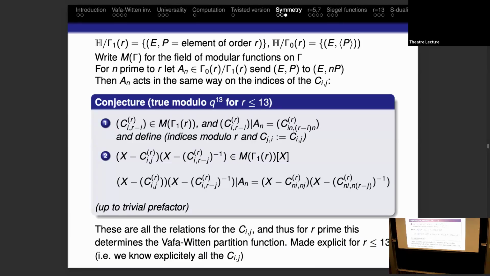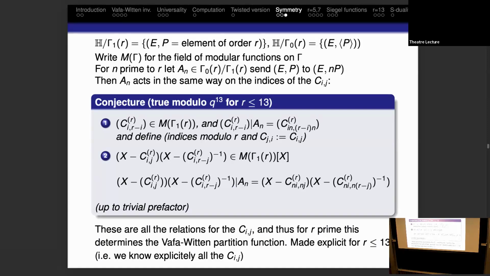And for the elements C_ij where i plus j is not equal to R, it doesn't turn out to be true that they themselves are modular forms on gamma 1(R). But if I consider C_ij and C_i,R minus j together, then they satisfy such a quadratic equation where the coefficients are modular forms or modular functions on gamma 1(R). And again, the action of this element a_n, moving the points to n times the points, acts on the indices in the same way.